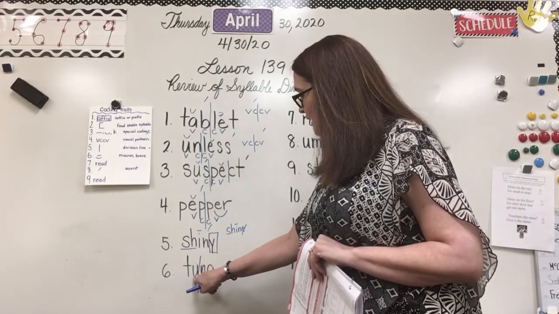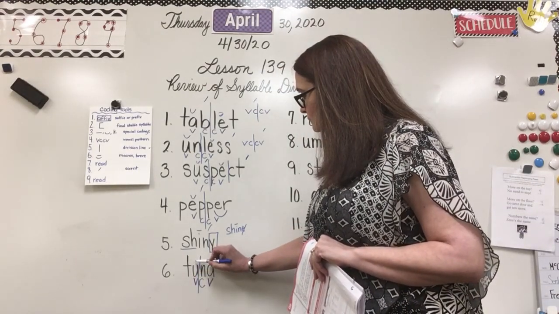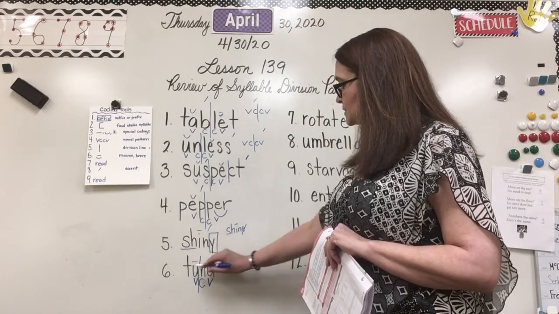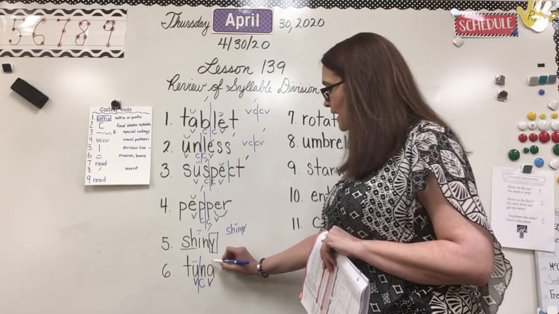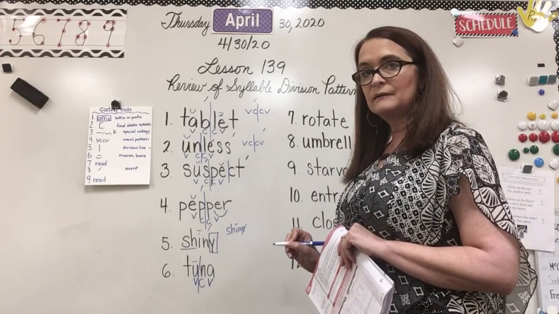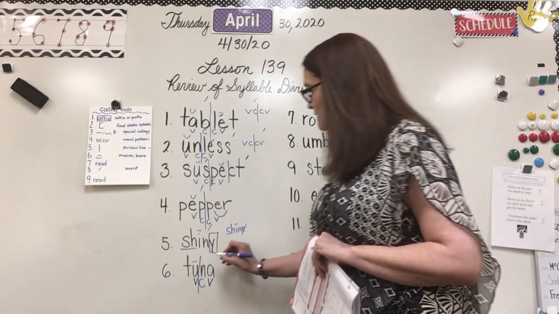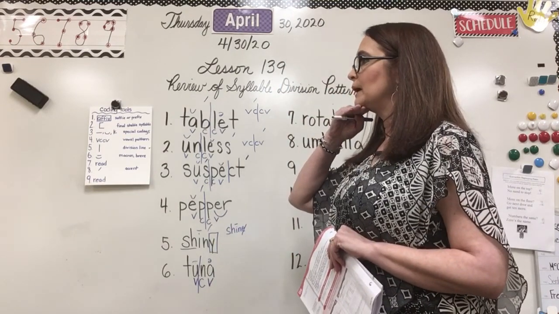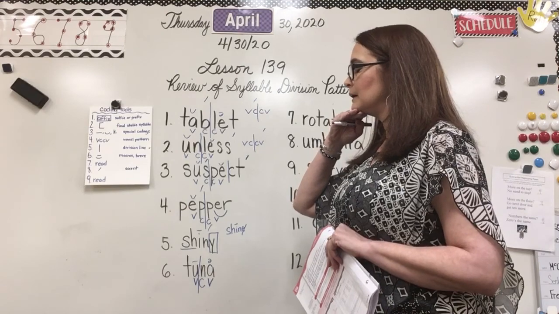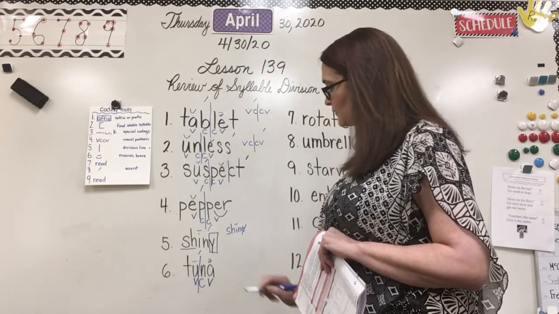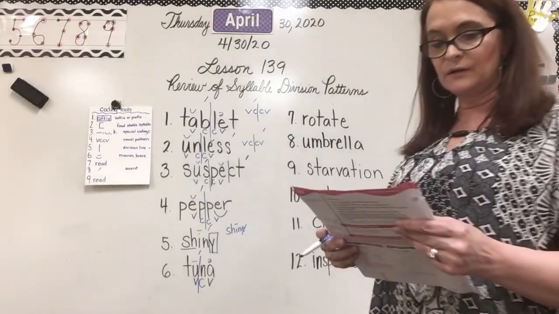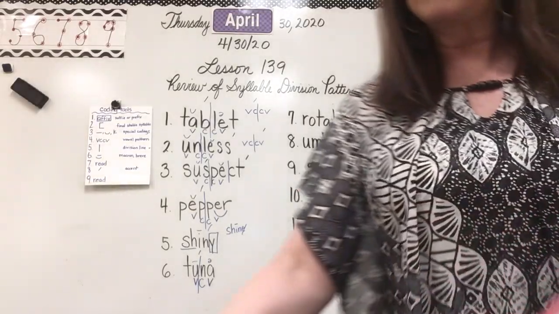So I have an open accented vowel, coded with a macron. Tuna. This A, tell me about that, Asia. Yes, ma'am, it has a schwa sound. Now, tuna, tuna. Yes, accent, first syllable. Tuna, VCV pattern. Very good. Good job.